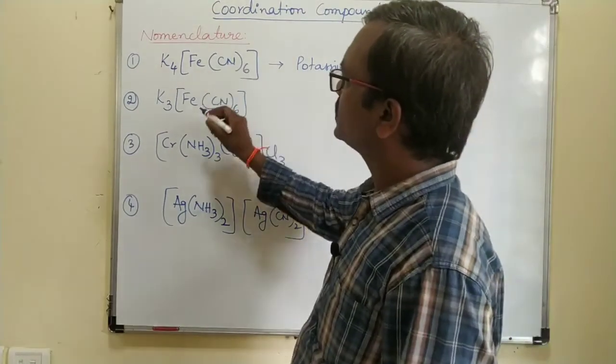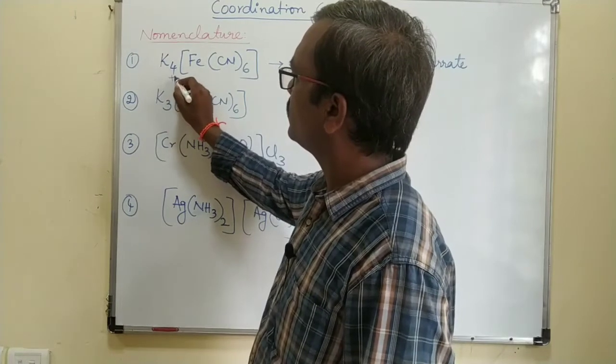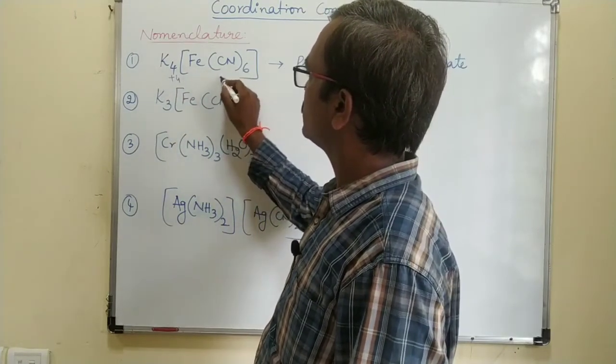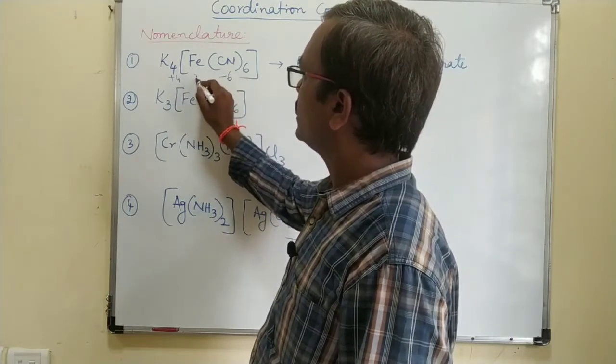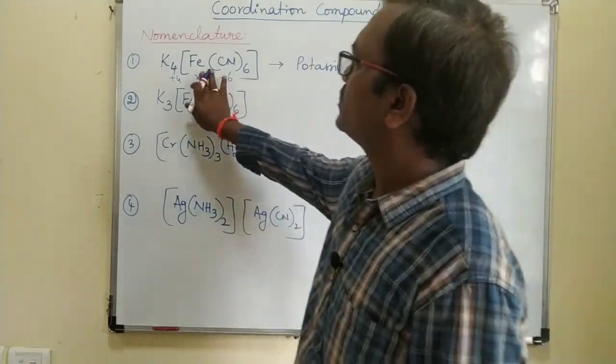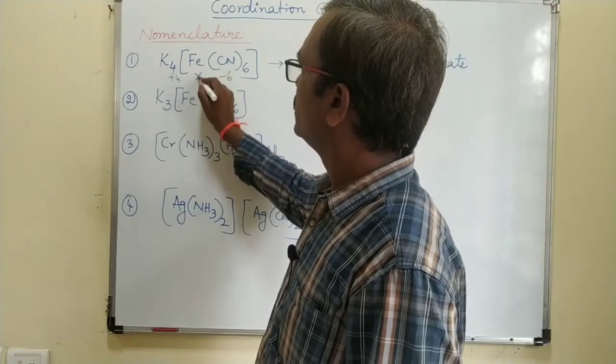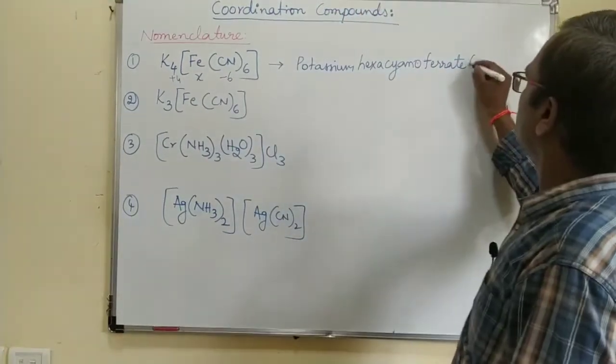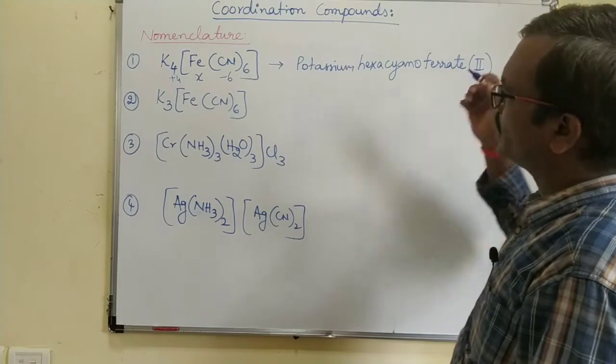What is the oxidation number? Potassium is +4, cyanide is -6. What is the oxidation number X? Iron oxidation number is 2. Ferrate(II). That is enough.